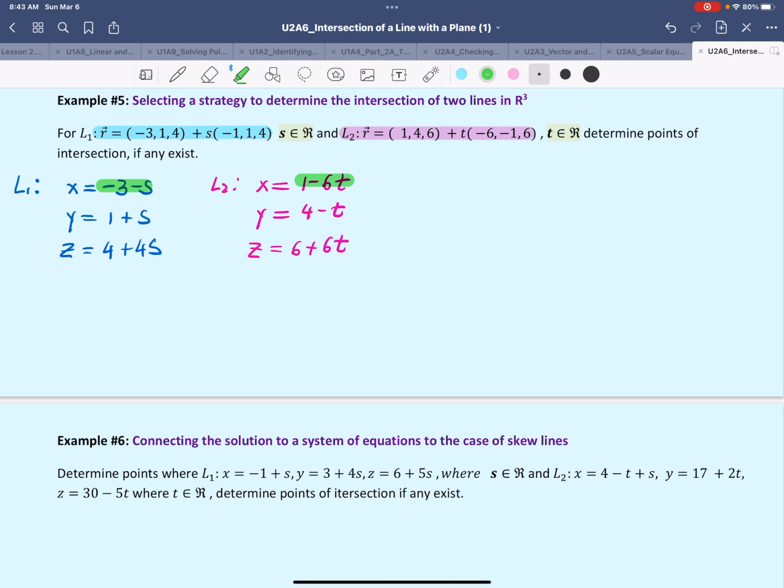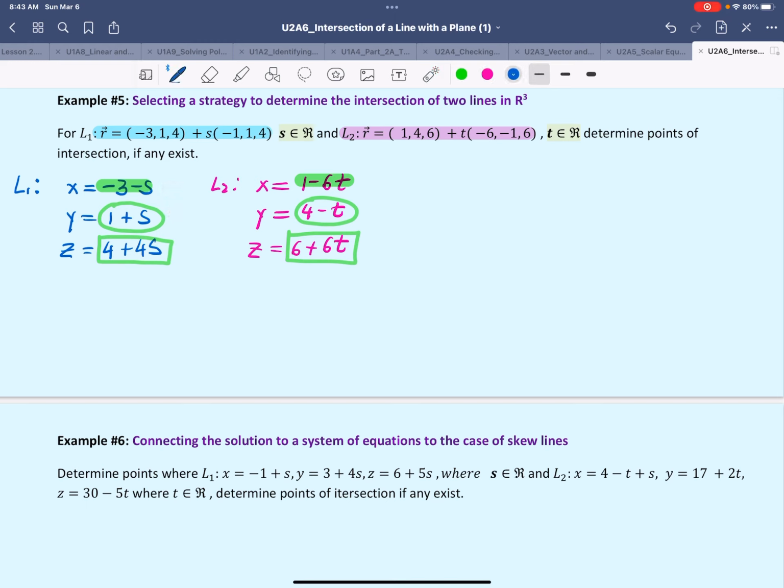It also means that 1 plus s must equal 4 minus t. And it means that 4 plus 4s must equal 6 plus 6t. So to find the values of s and t that will give same x, y, and z coordinates for each line, it's enough that we use any set of equations.